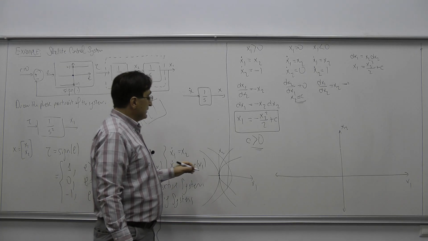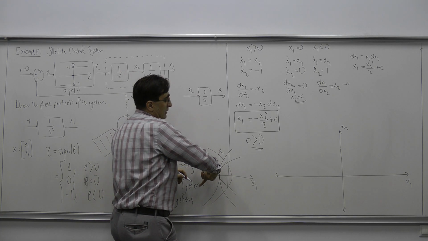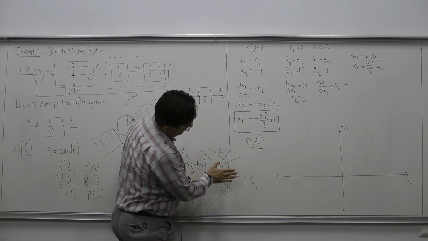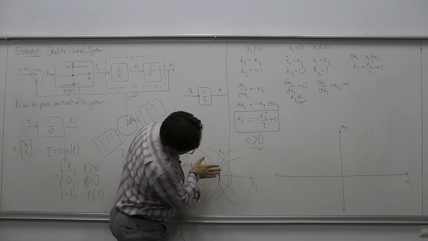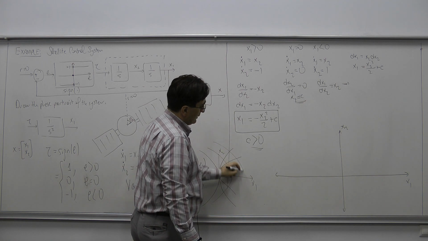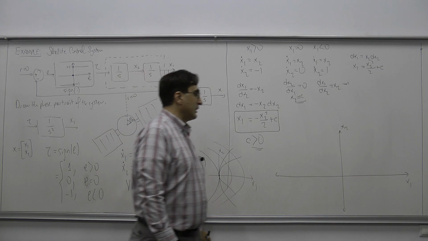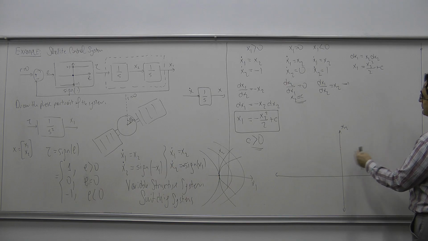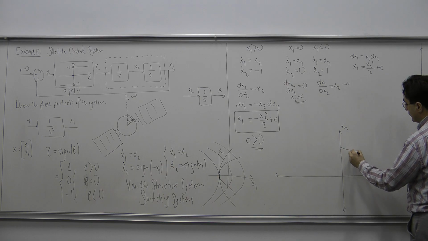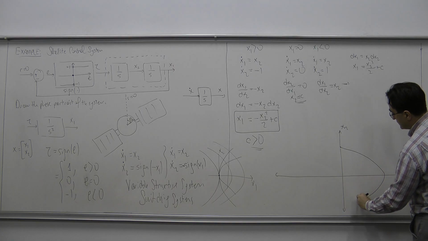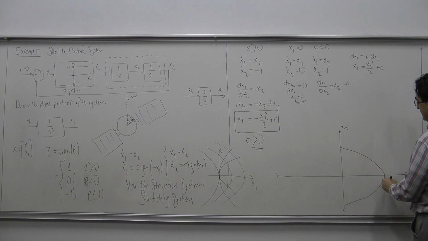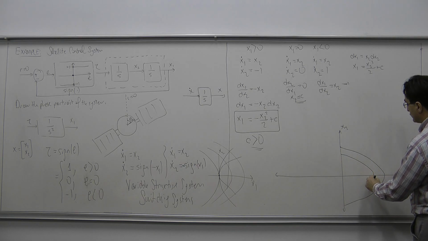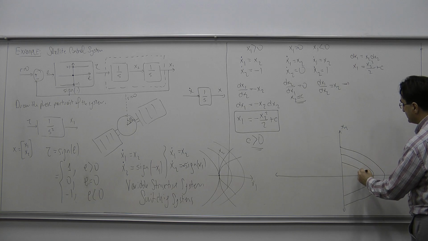Meaning that this reverse parabola is always going to shift to the right for positive c. When I look at this parabola like this, I will add a positive constant to it. And therefore, the trajectories would be looking like this. So these trajectories on this part of the state space would always be looking like this. Some reverse parabolas, and these c's would depend on the initial conditions, but all of the trajectories would be looking like this. All right?